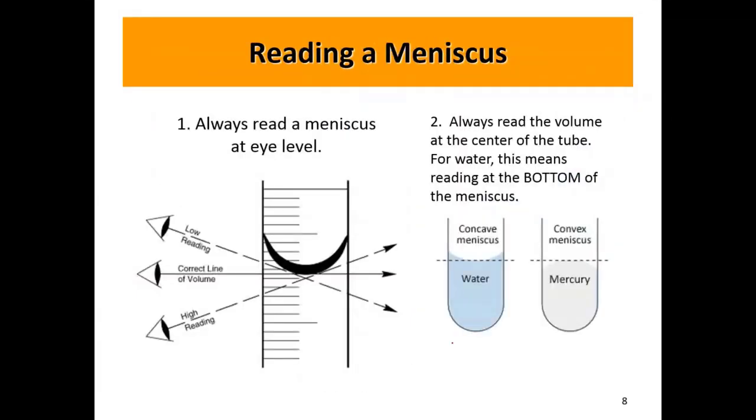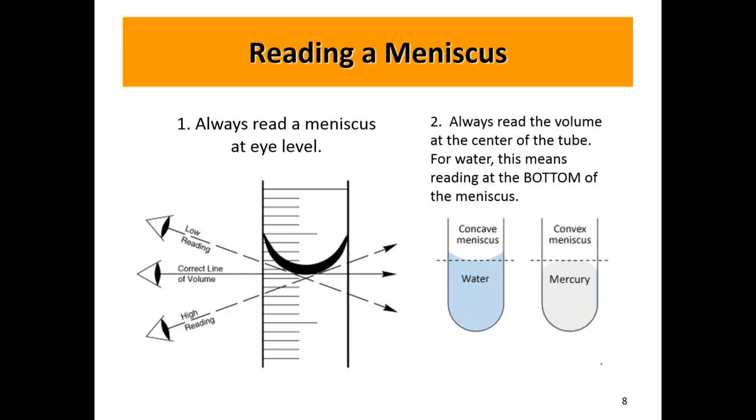Another thing, and this is more important when we actually get back into the lab, if you do any sort of lab work, whether in the context of a medical lab or a chemical company, whenever you're reading graduated cylinders or this glassware, you always want to make sure that you're reading at eye level.